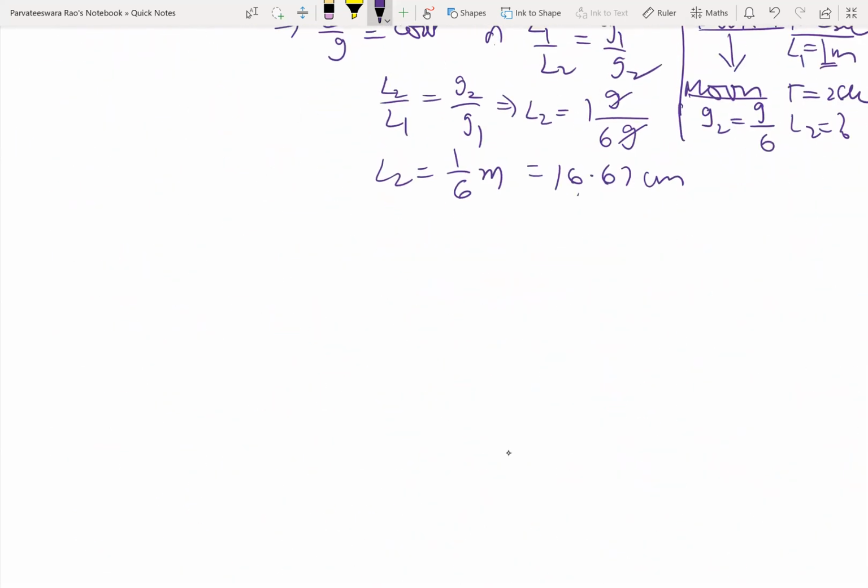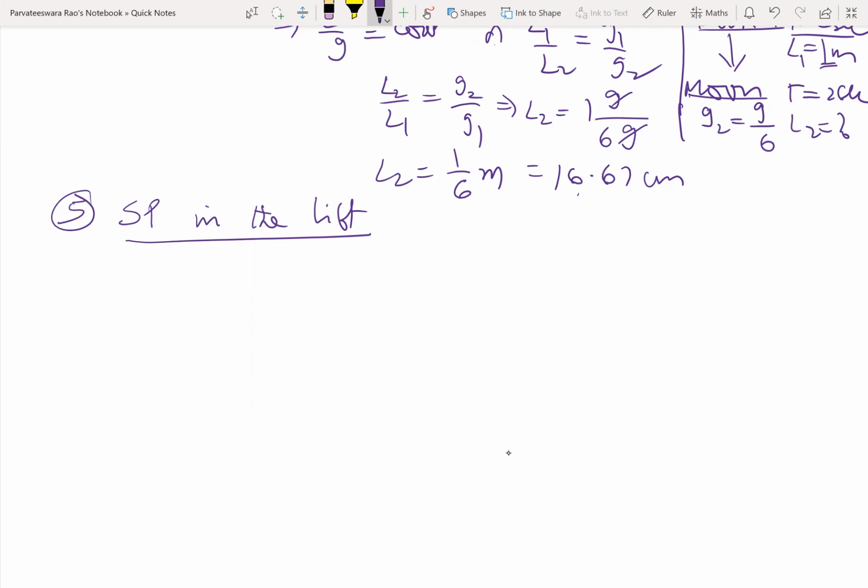A simple pendulum in the lift. We have those equations. What are they?